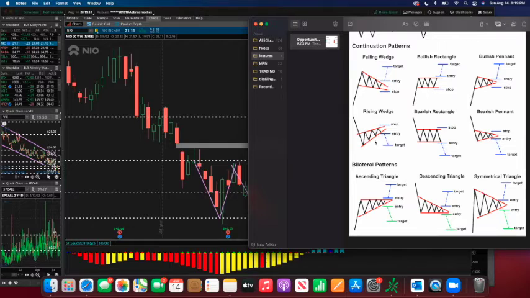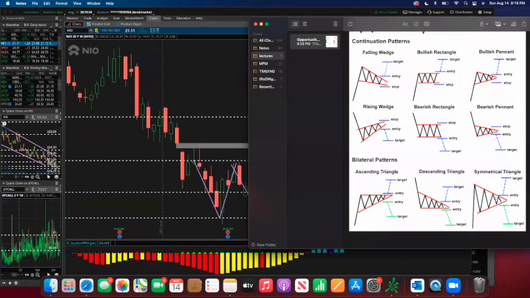You understand the concepts of these, so once you do, you'll be able to make decisions. For example, look at this one, the symmetrical triangle, the bearish pennant and the bullish pennant. They literally almost look like the same exact thing. So why even waste your breath on trying to figure it out? Just play the pattern as it is.